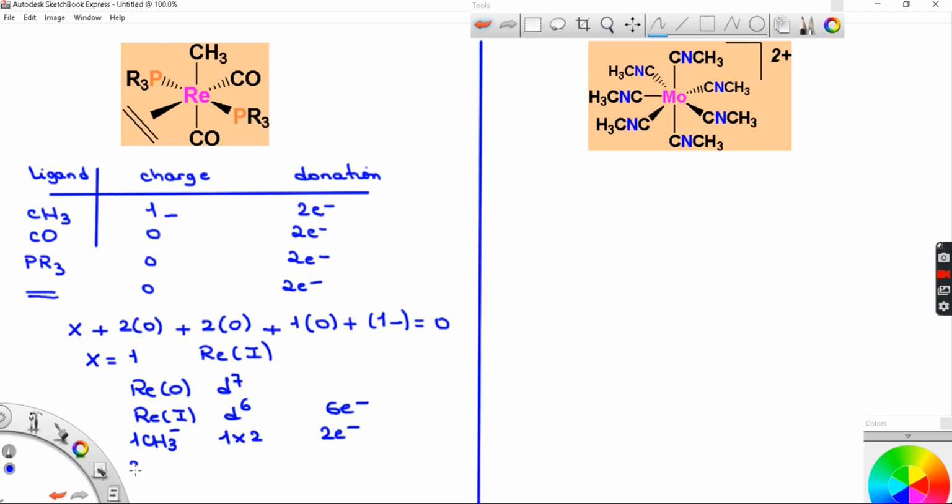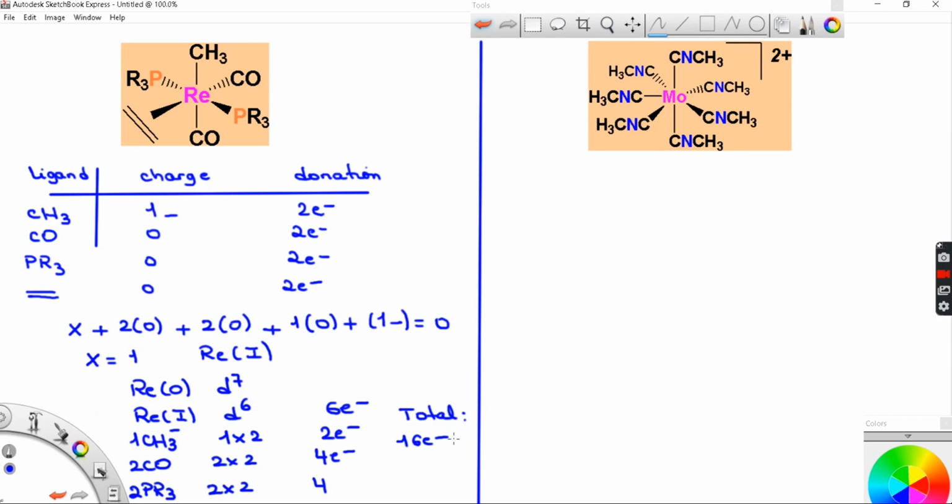We have 2 CO, 2 times 2 equal 4 electrons, and we have 2 phosphine PR3, so 2 times 2 equal 4. So as a total number of electrons, we have 6, 8, 12, 16 electrons.